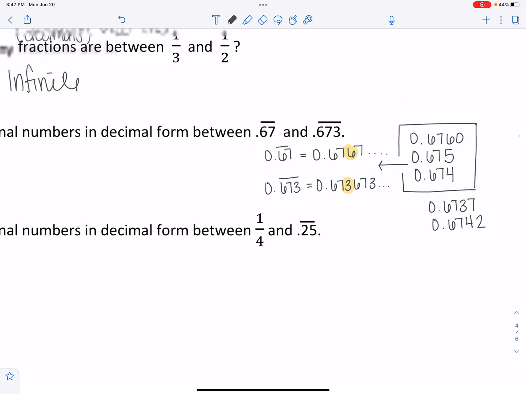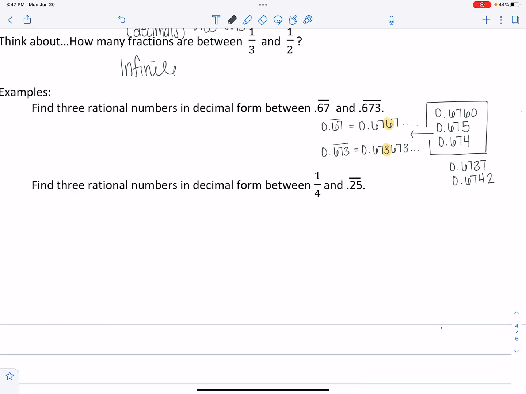All right, let's look at the last one. Find 3 rational numbers in decimal form between 1/4 and 0.25 repeated. First thing I need to do is write 1/4 as a decimal. This is probably one you know, but just to remind you, if it's not one you know, the way that you write these fractions as decimals is you do long division.